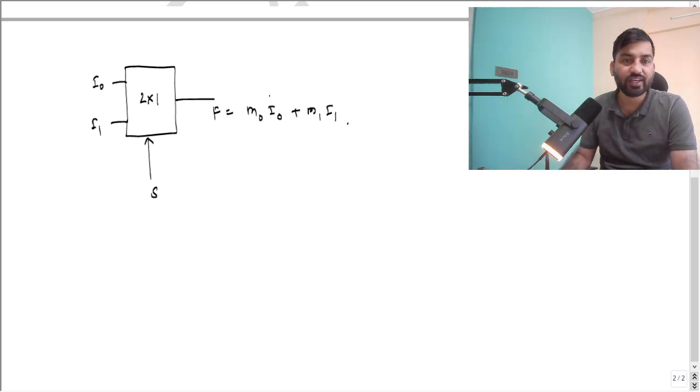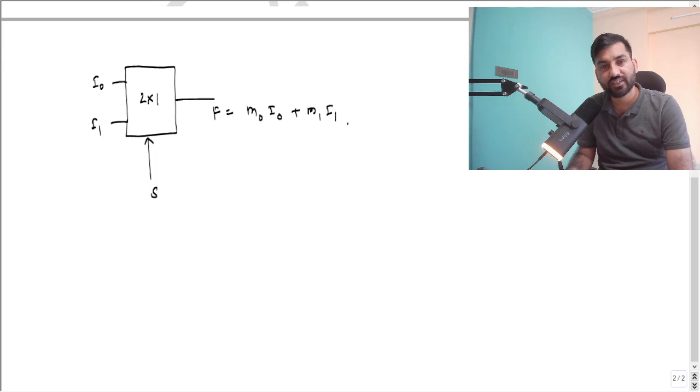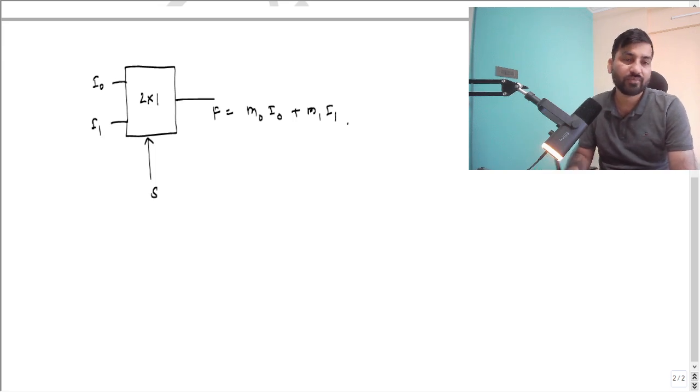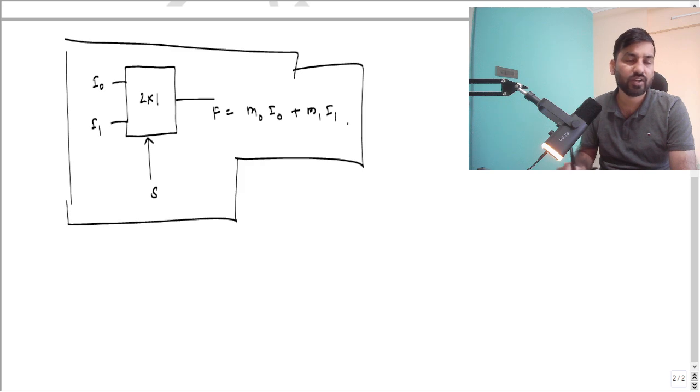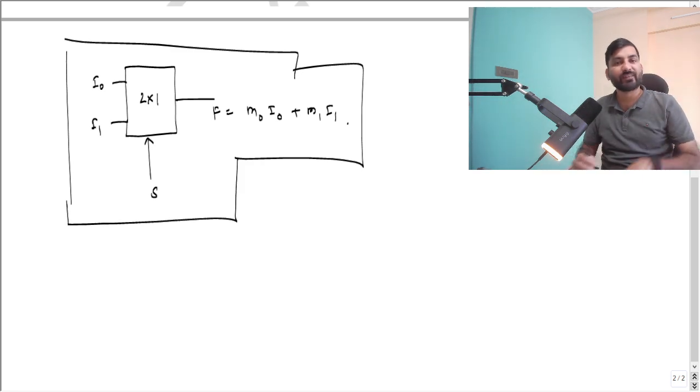Here M0 is S bar, and I0 is given. This is the output expression that you should always know: M0 I0 plus M1 I1, that's it.